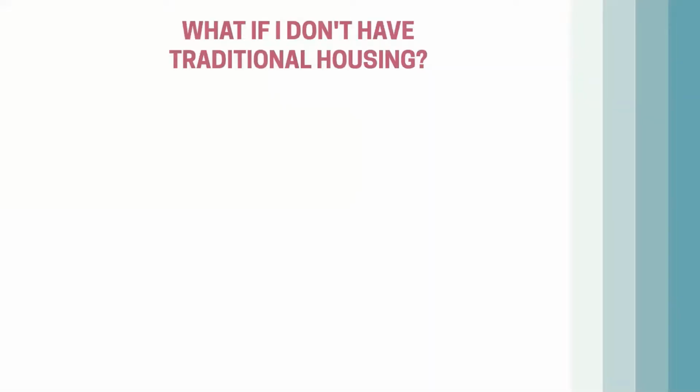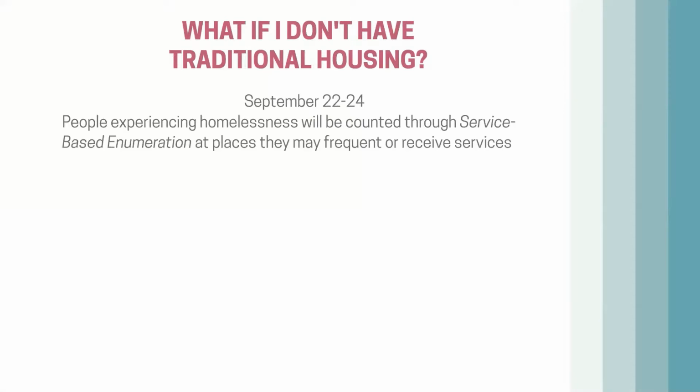And so people who don't have traditional or stationary housing are still counted on the census. From September 22nd to the 24th, people experiencing homelessness will be counted through what's known as service-based enumeration at places where they may receive services.